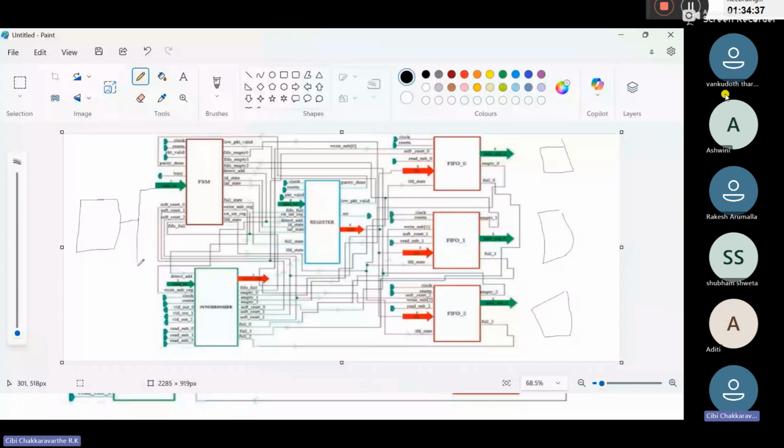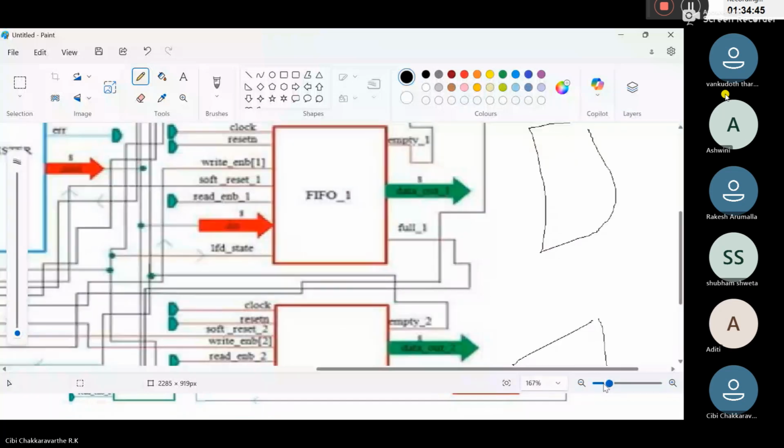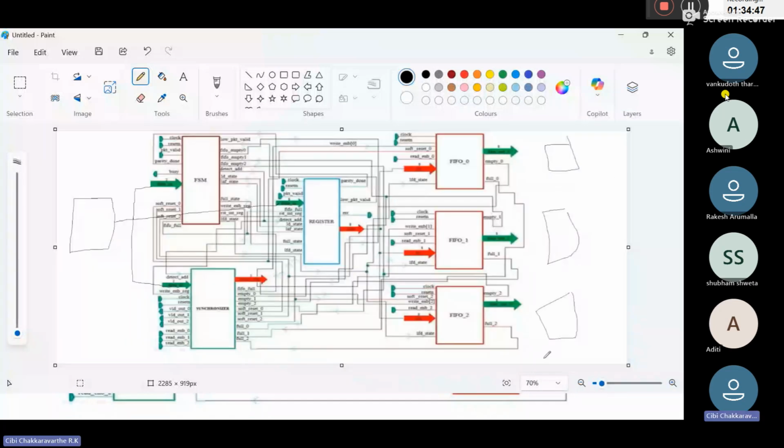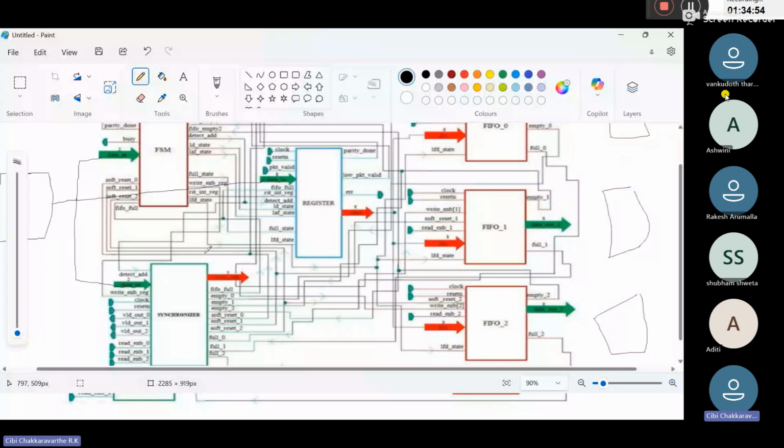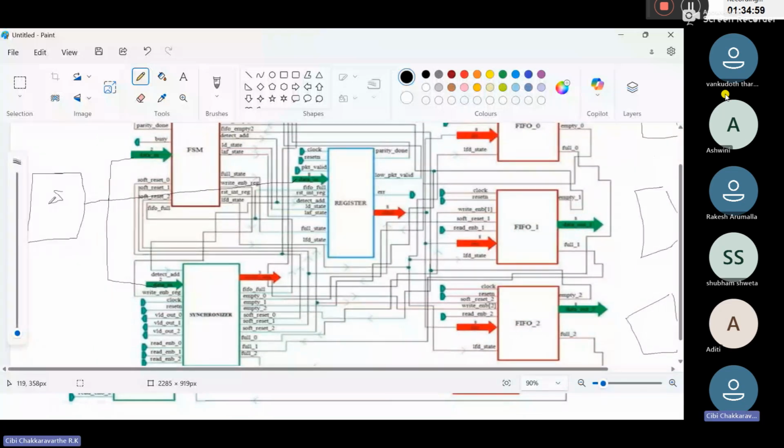I will increase the size as well. See here, this is our source. So the data from the source will be accessed by the FSM, register and synchronizer at the same time.